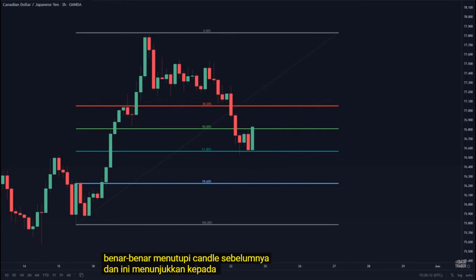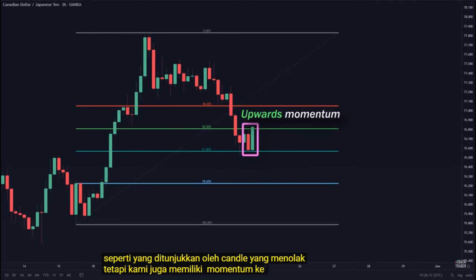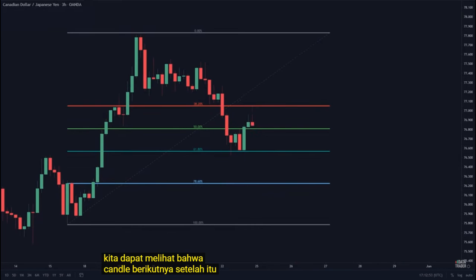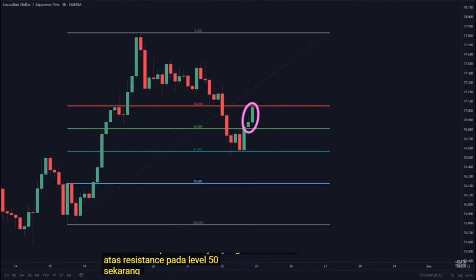And so what this shows us is that not only do we have a reaction at this area as shown by these candles rejecting, but we also have upwards momentum as shown by this bullish engulfing pattern. Then, to further confirm the upwards momentum, we can see that the next candles after that are multiple green candles breaking above resistance at the 50% level.